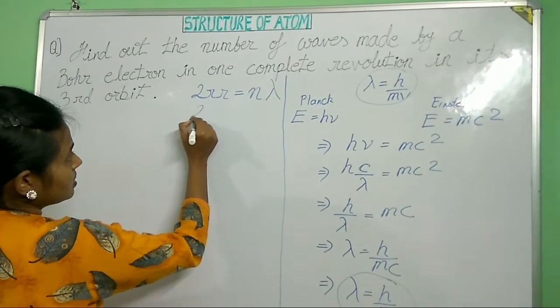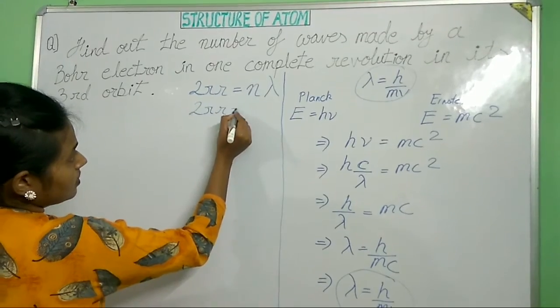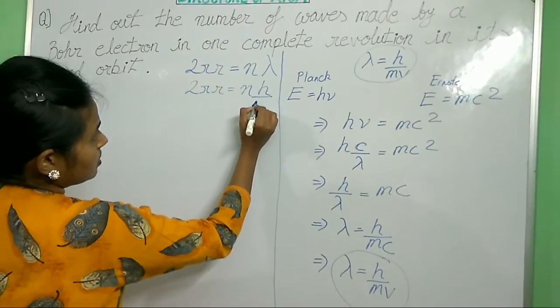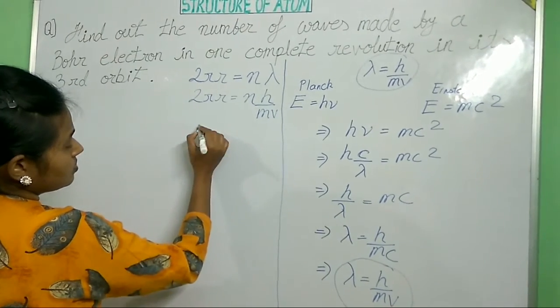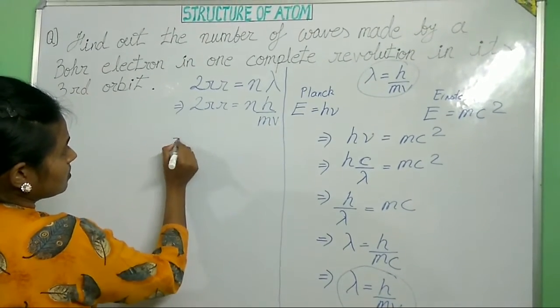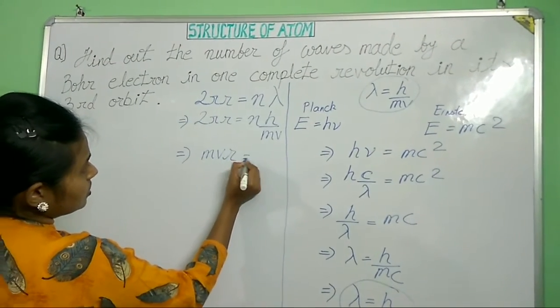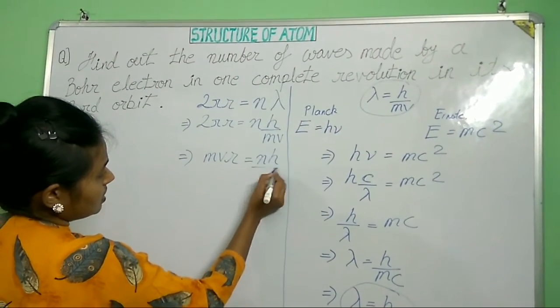Now it can also be written as 2 pi r equal to n lambda. Lambda means h by mv, right? So we can also write it in another way, that is mvr equal to nh by 2 pi.